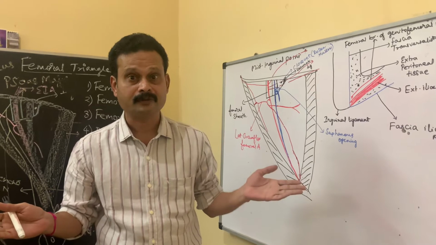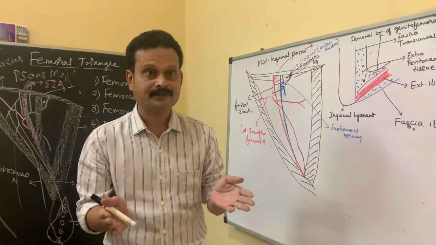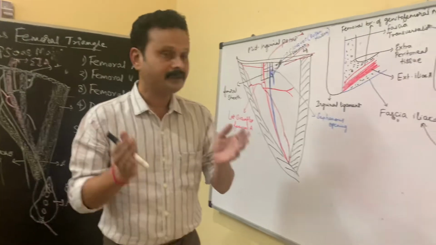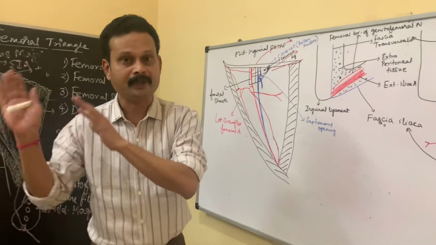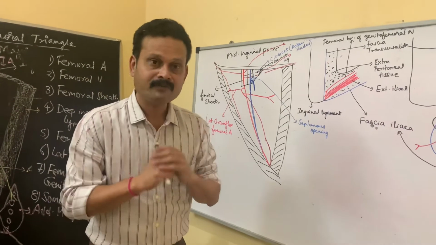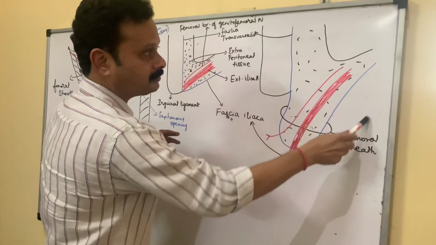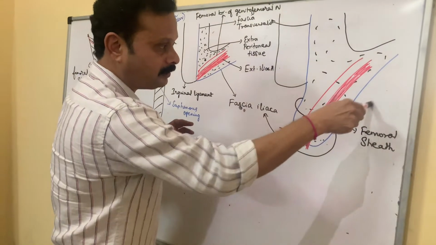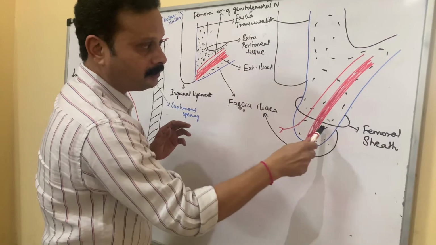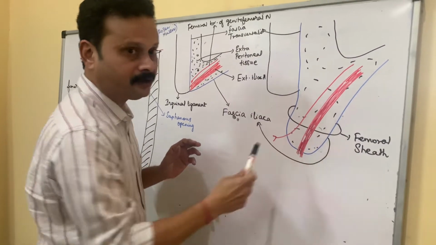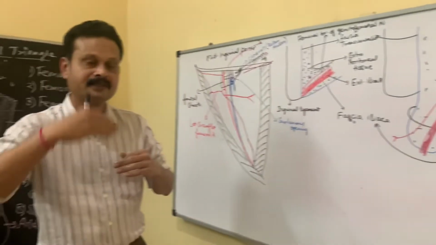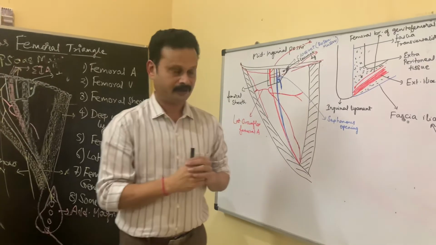Why? Because the femoral nerve is formed by the lumbar plexus and the trunk of the femoral nerve lies behind the fascia iliaca, hence it is not a content of the femoral sheath. Instead, it lies behind the femoral sheath.